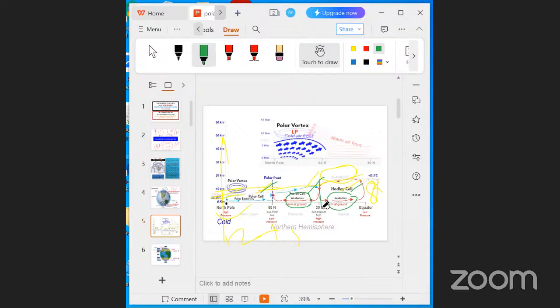That is 60 degrees north, you see here. This is called the polar front. And also what you find there is the polar jet stream, which is created because of this mixing of warm and cold air. So what is the polar jet stream?